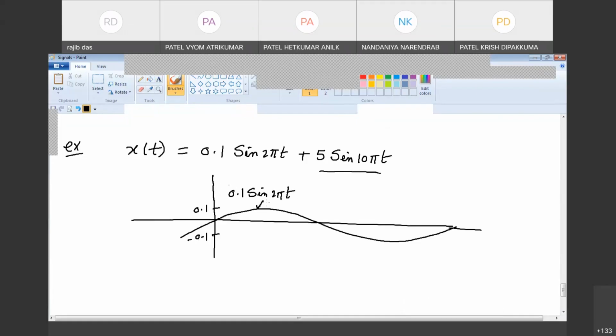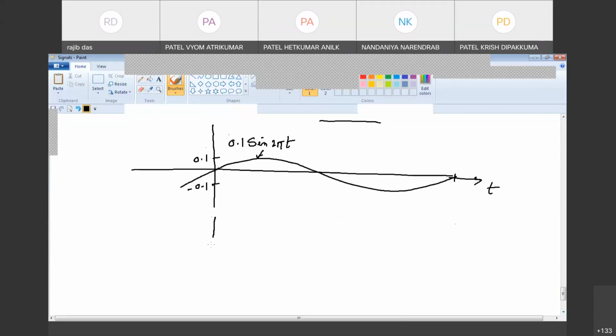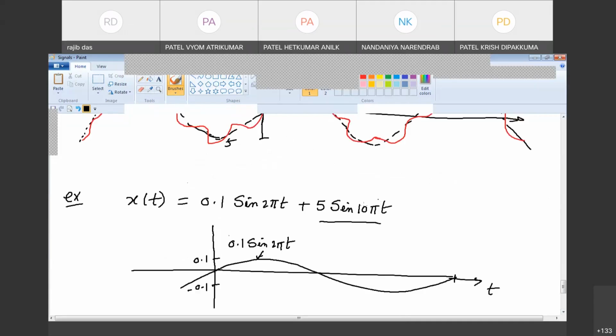This is the signal, and this axis is time t. Now the second signal, if you want to draw: within this is one time period, and its frequency is 1 hertz. The second signal's frequency is 5 hertz. So this is the 1 hertz signal, and this one is the 5 hertz signal.